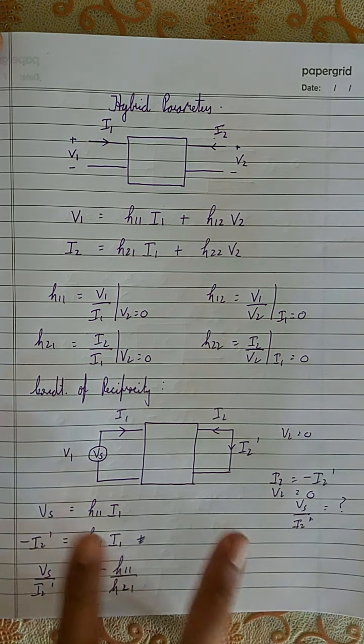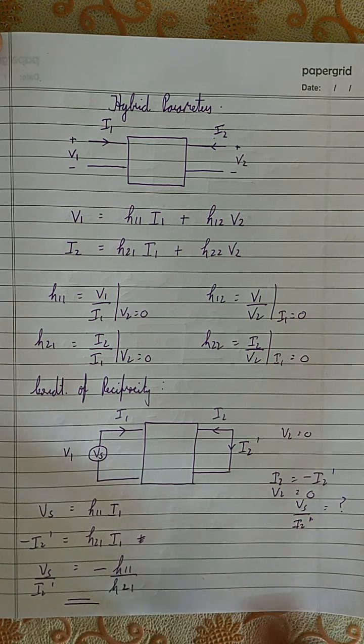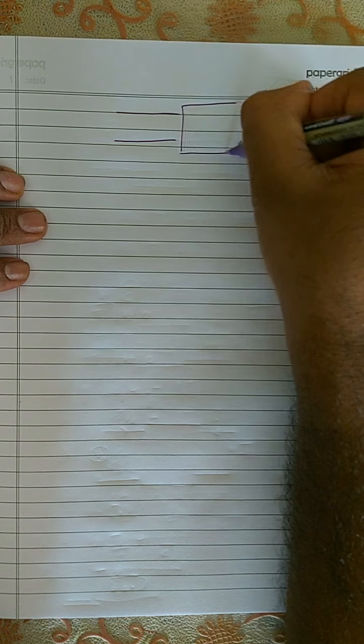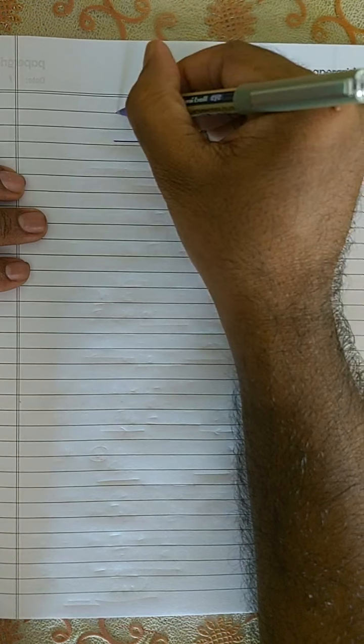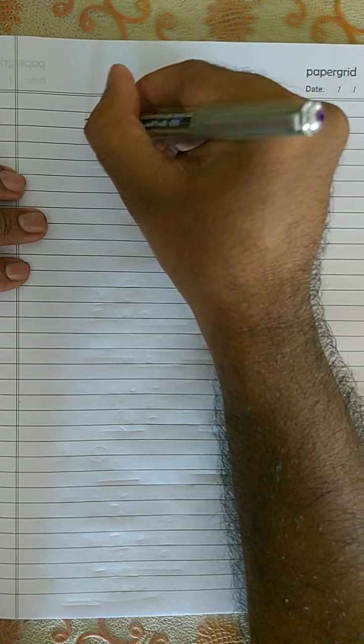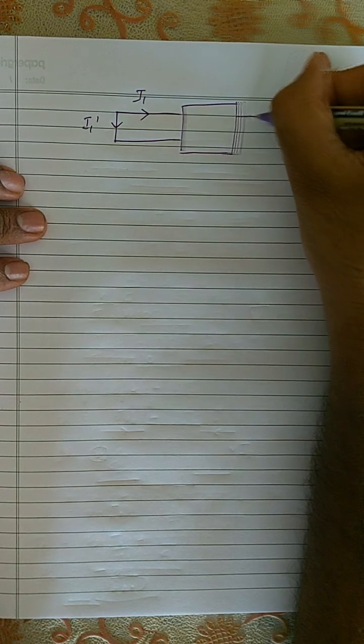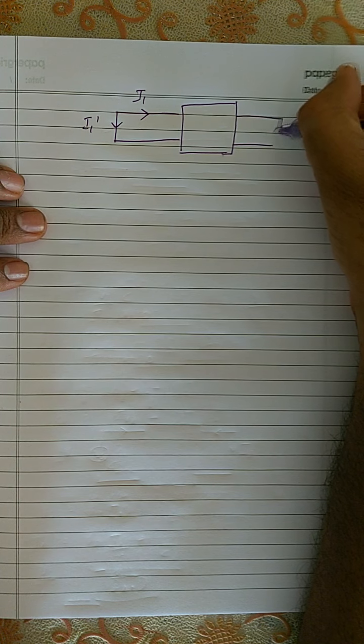Next, you're going to reverse the position of the excitation and the response. Your circuit will now be such that the input port is where you get your response, and that response I'm calling I1 dash, and this is I1, and at the output port I connect my excitation.